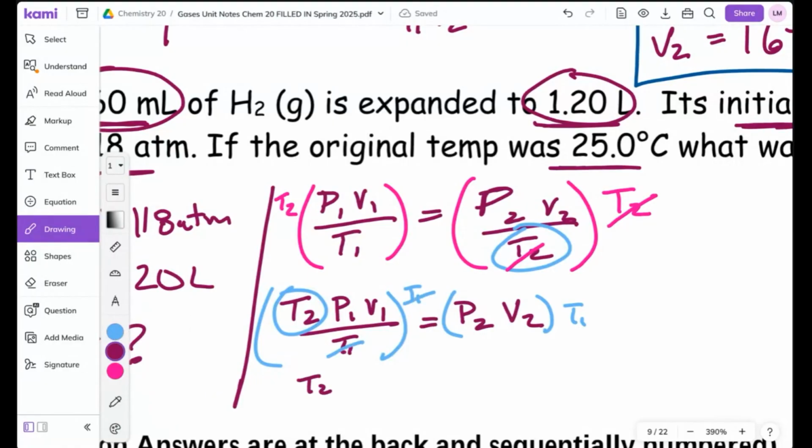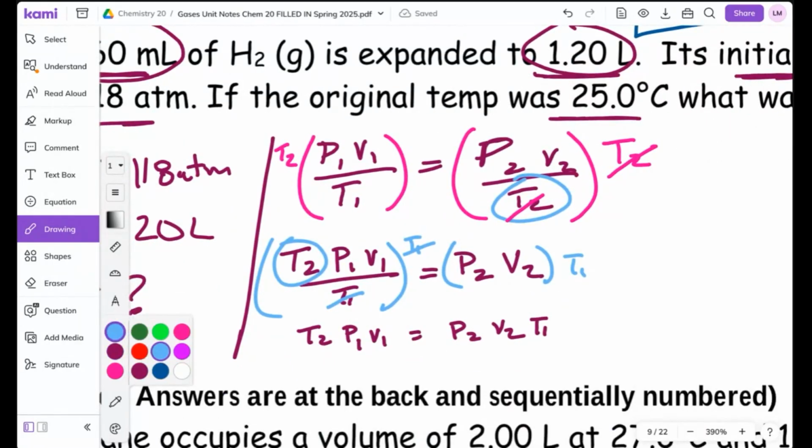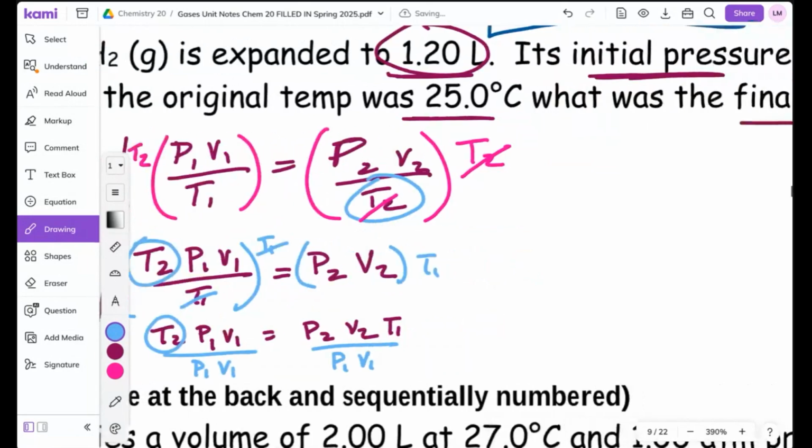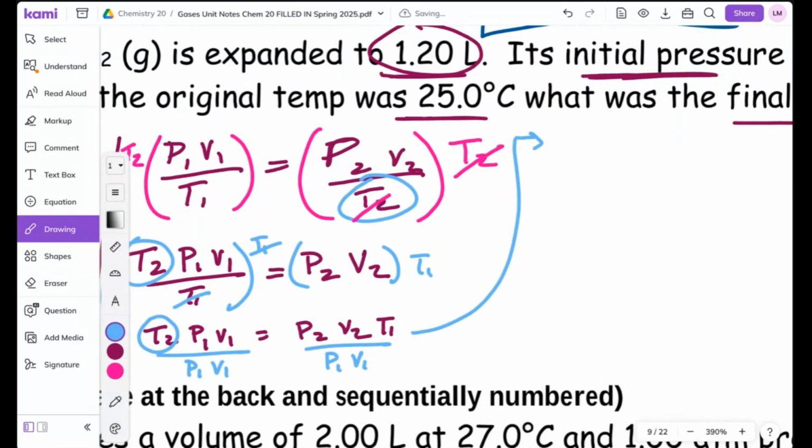So we get T2 P1 V1 is equal to P2 V2 T1. Okay, now I also notice that P1 and V1 are both multiplying T2. So I got to do the opposite, which is dividing. P1 V1. So T2 is equal to P2 V2 T1 divided by P1 V1.